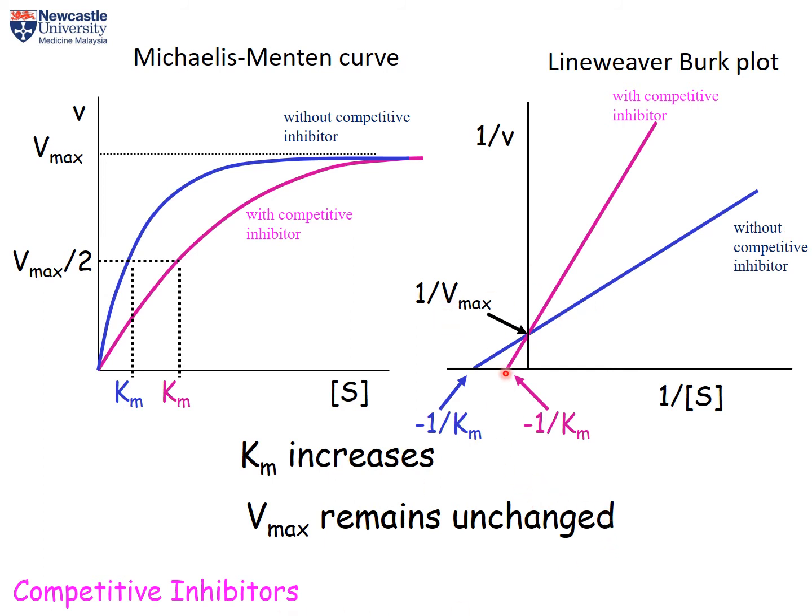For the x-intercept, negative 1 over Km, you can see that this value has become smaller with the presence of competitive inhibitor, which in other words means Km increases. So in summary, the presence of competitive inhibitor will increase the Km, which means it will reduce substrate affinity for the enzyme, but Vmax remains unchanged.